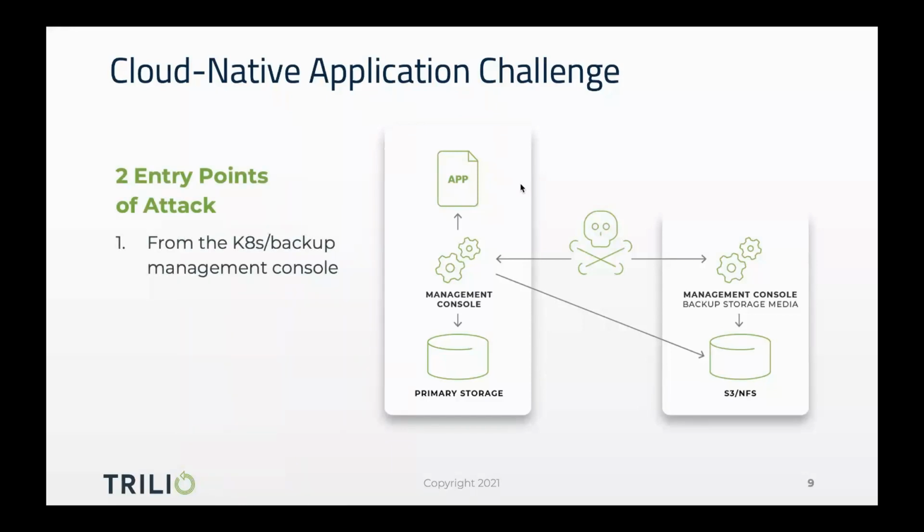That primary storage sitting on your Kubernetes cluster could be accessed through a management console, even through a Trilio management console for some reason if they got into it. Any application out there, if they got the right credentials, they could get in. And then also there's that backend storage as well, that S3 or NFS, I'm sure you might already be thinking, is another entry point where a malicious actor might try to get into.